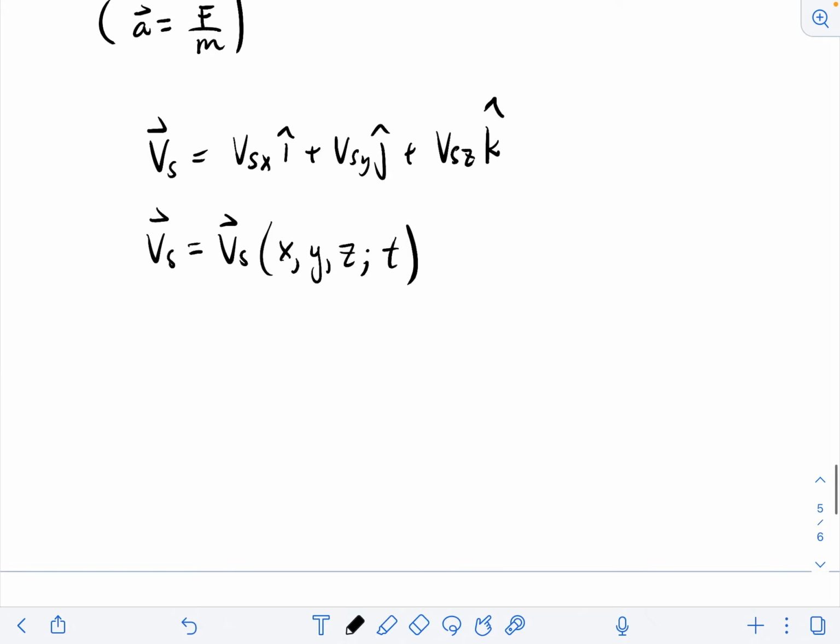So if we were to take a derivative with respect to time, sometimes this is called the material derivative. You've probably seen it in several places before. One of the places that it comes up in is an advanced mechanics class. And so if we want to take this derivative, then we have to do chain rule properly.